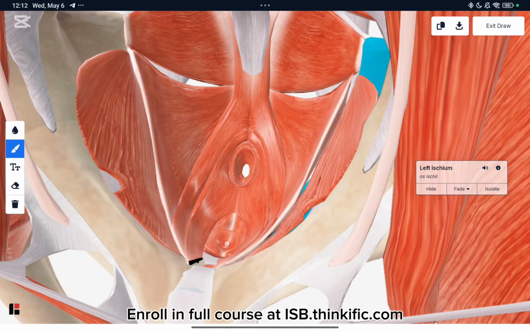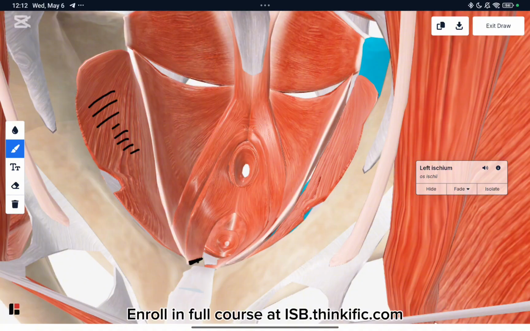And then remember this muscle here, the obturator internus. I told you earlier that there's a layer of fascia covering it called the obturator fascia.